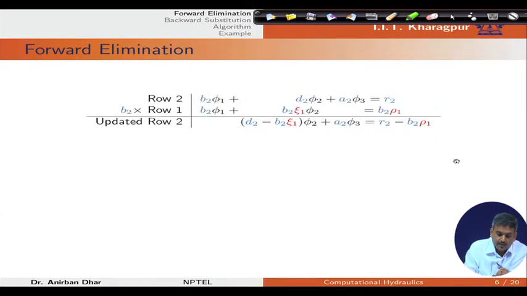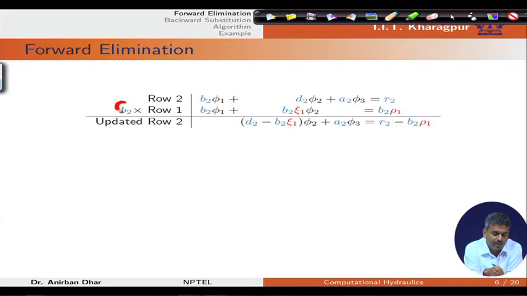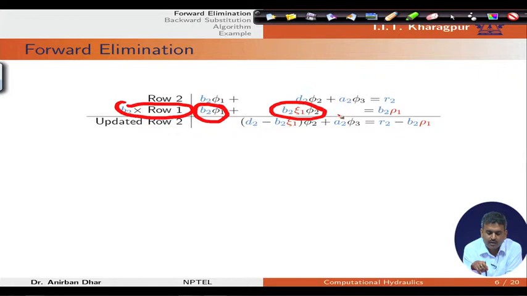Again, we can write B2 into phi 1, then D2 phi 2, A2 phi 3, R2, and this is our B2 into row 1. This is B2 because the diagonal term is 1, so no coefficients are there. So, simply we are multiplying B2 and B2 into xi 1 is there as the coefficient of phi 2, equals B2 into rho 1.